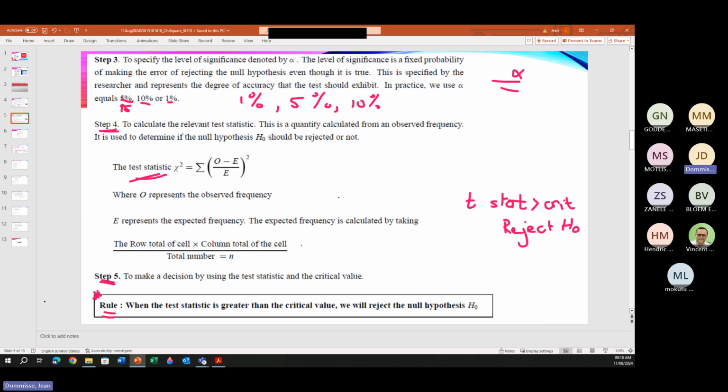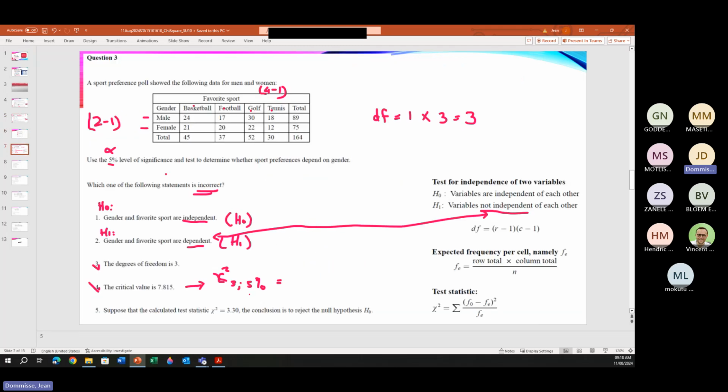T-stat bigger than crit, then we reject the null hypothesis. Let's see, t-stat 3.3.